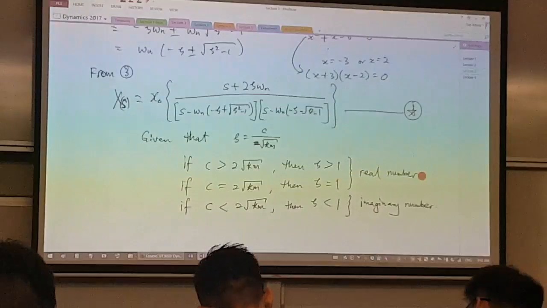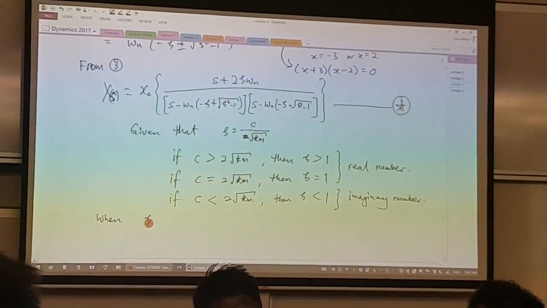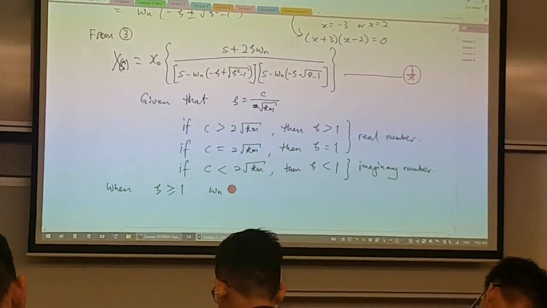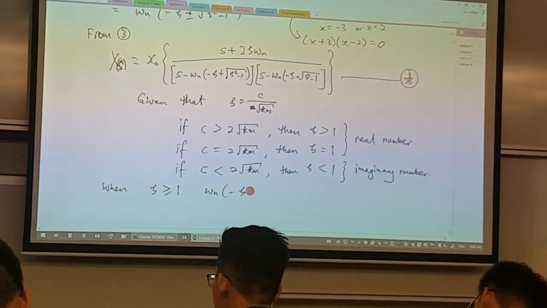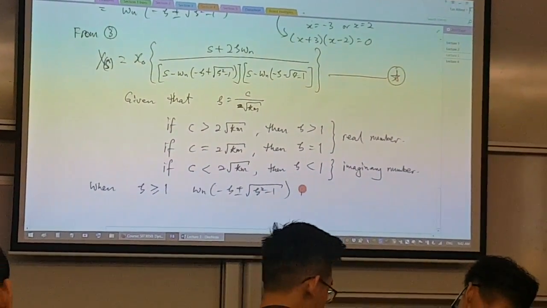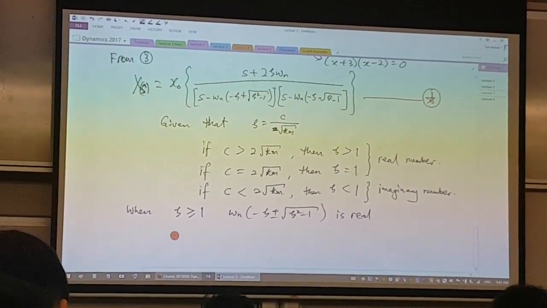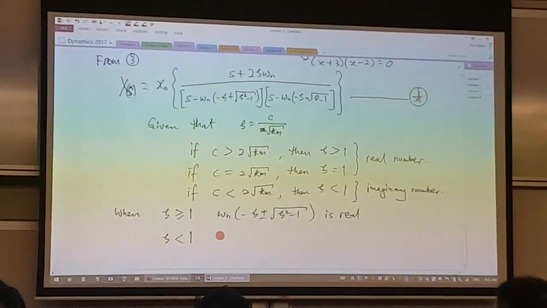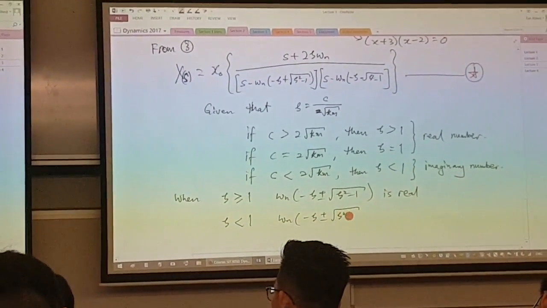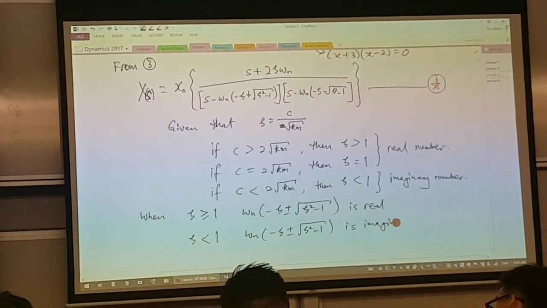So what I want to sum up is when zeta is greater than or equal to 1, that means your omega n, this term over here, is a real number. And if zeta is less than 1, that means your roots are imaginary.